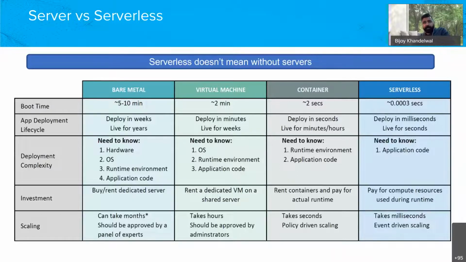It doesn't mean that it is running without a server. It is running on somebody else's server. That's it. So if AWS is giving you something serverless, that means it is running on AWS's own server. Good for you, because you don't have to take care of the server. Nothing bad in that. But the essence is it does not run on air. It runs on some server. May not be your server.